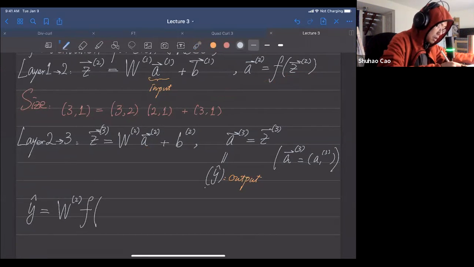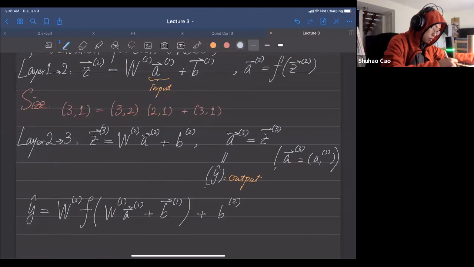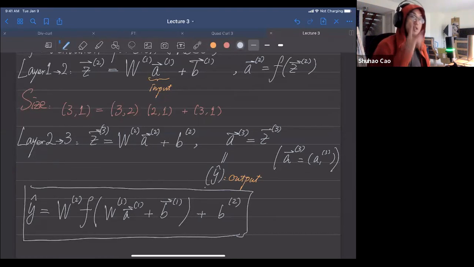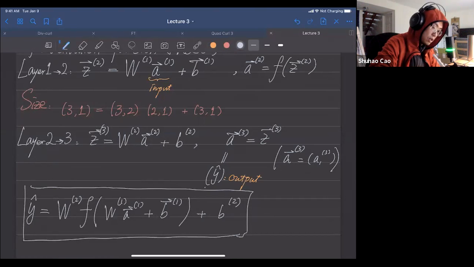So what happens is we have W1 A1 plus B1, then plus B2. So this is our output of our 3-layer neural network with one output unit, or say neuron. So this is the formula of a 3-layer neural network with one output.